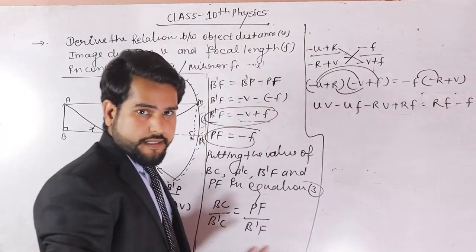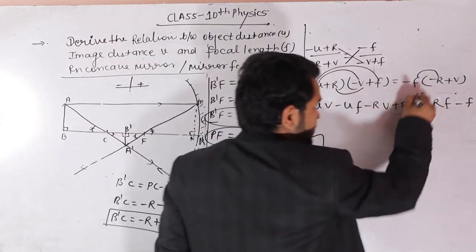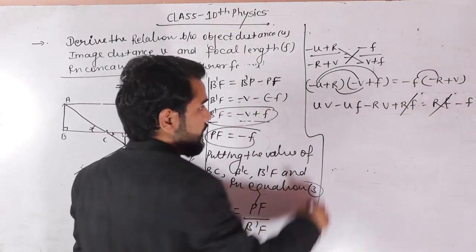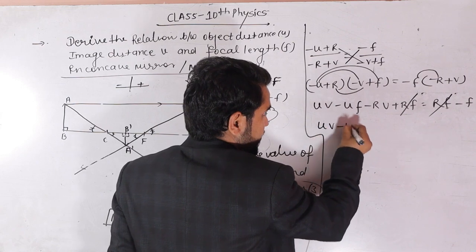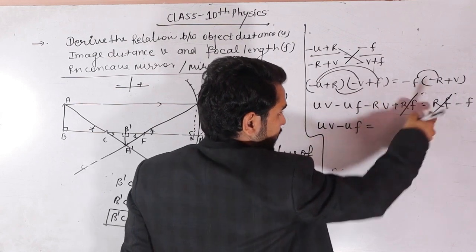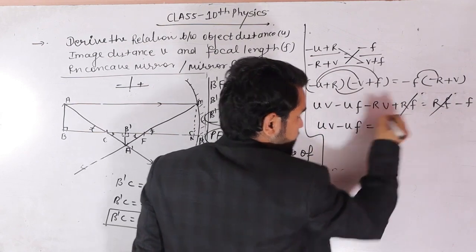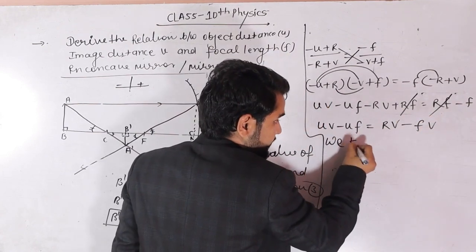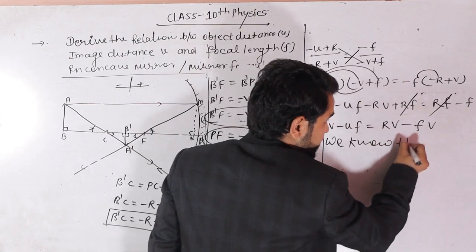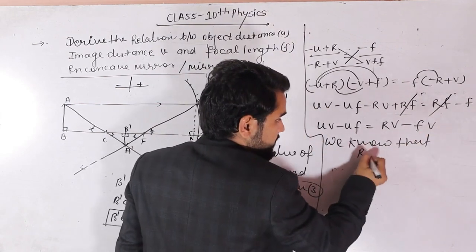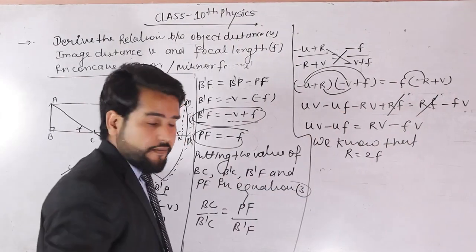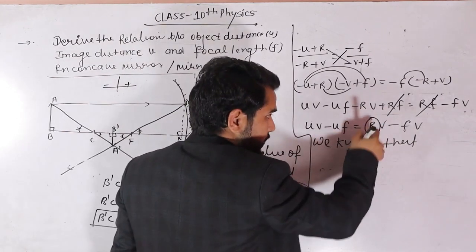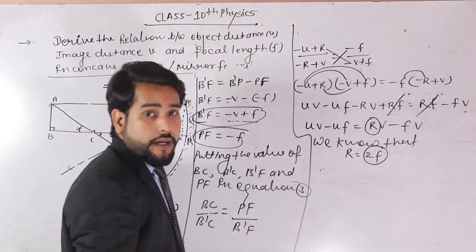Is that clear? Good. Rf cancels out, and we have uv minus uf, Rv goes to the right side and becomes positive, minus fv. We know that R equals 2f. You know very well, R equals 2f. So in place of R we can write twice f.